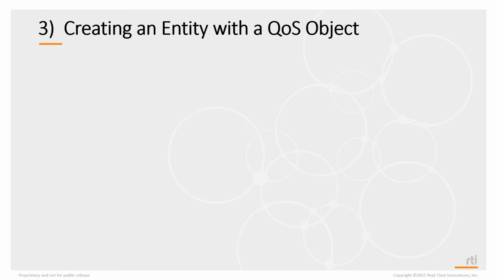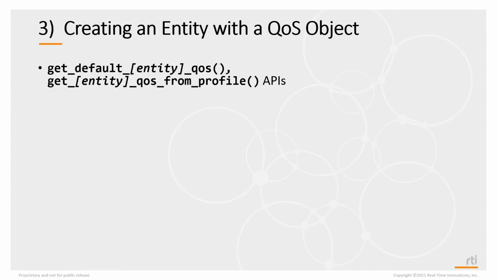You can also create an entity with a QoS object. So, if you use get entity QoS, you can preload a QoS object with the initial values. You could also preload a QoS object using get entity QoS from profile.